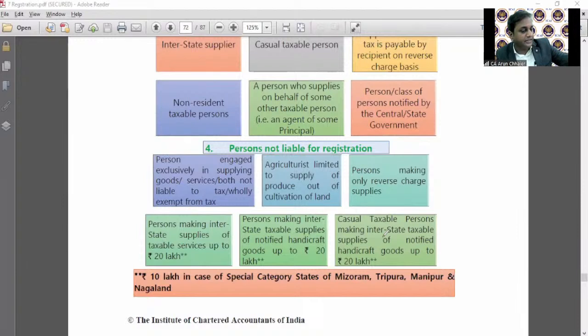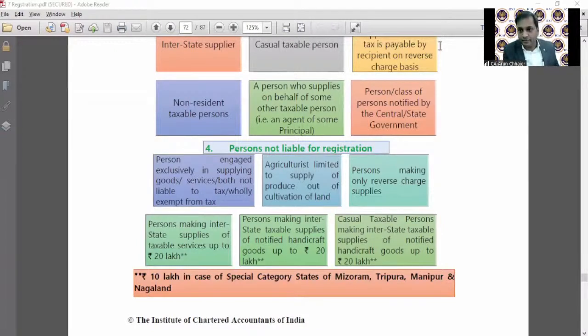Kindly give me the confirmation. If it is not clear, ask the question, please. Let me confirm, then we'll move to section 25.